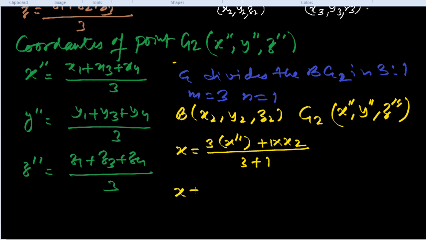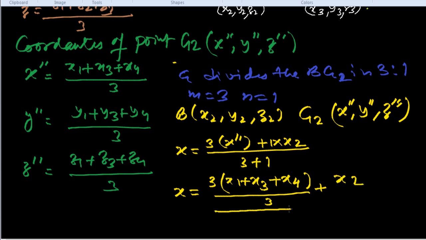So X is equal to 3 times (X1 + X3 + X4) over 3, plus X2, over 3 plus 1, that is 4.